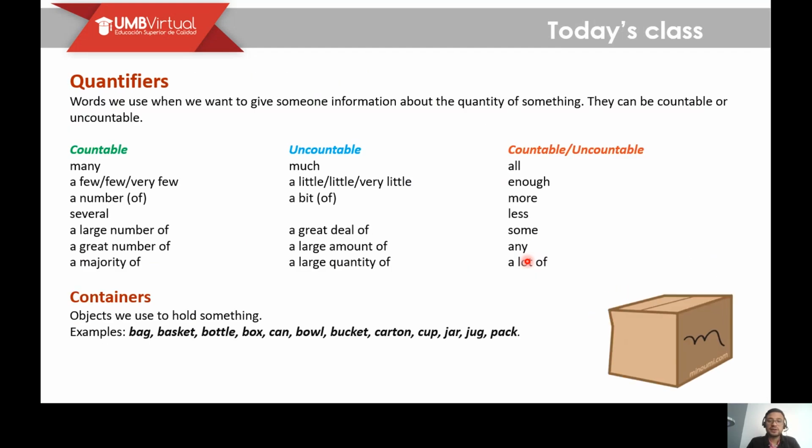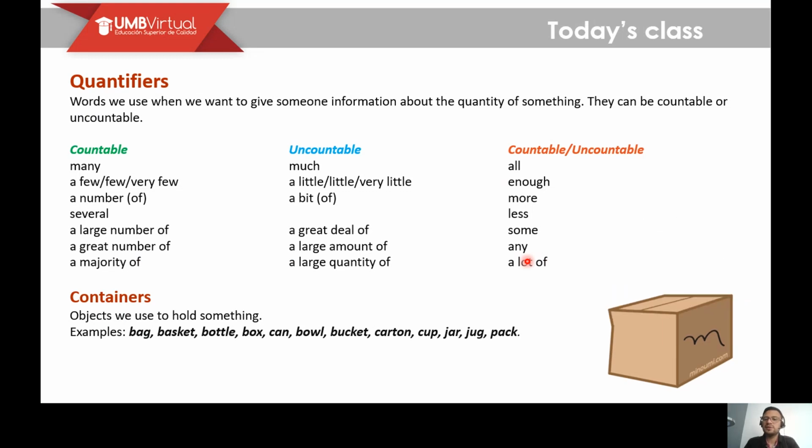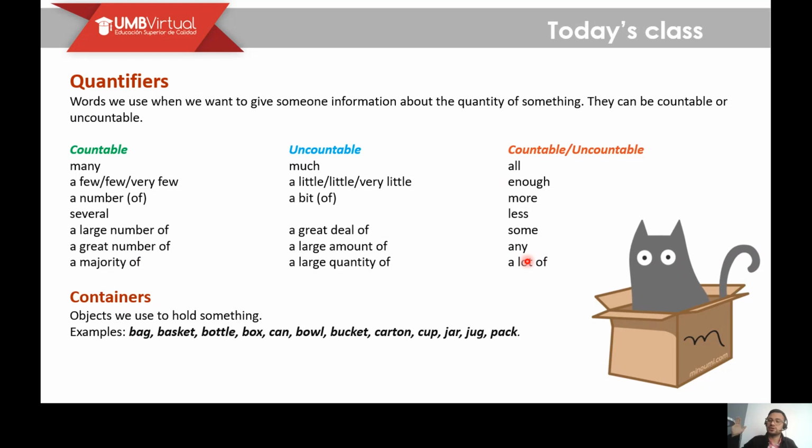Let's continue with quantifiers. We use them to give information about the quantity of something, you know? For example, you can say much, a little, more. Those are quantifiers, those words that help us to give a little more information about the quantity. It could be a few quantity, small quantity, or large quantity.